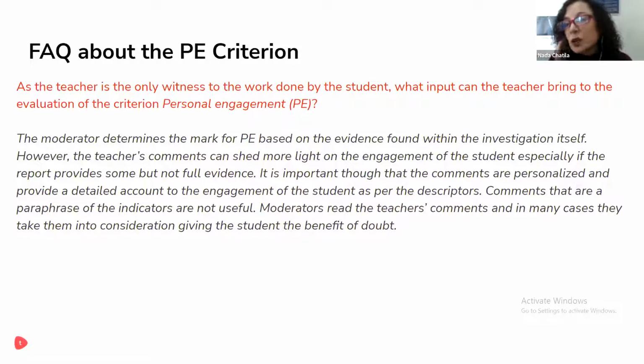And we often take good comments from the teacher to give the benefit of the doubt to the students. So please write personalized comments. Comments that paraphrase the descriptors themselves are not of use to us at all, and we don't take them into consideration.